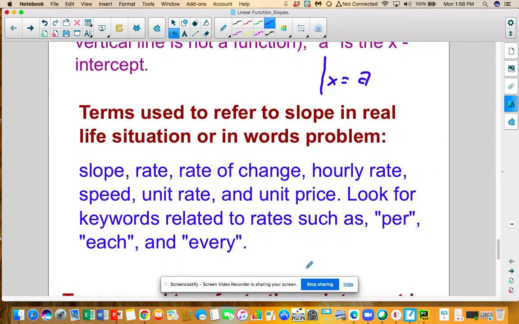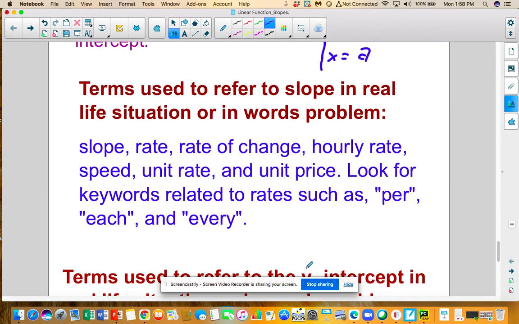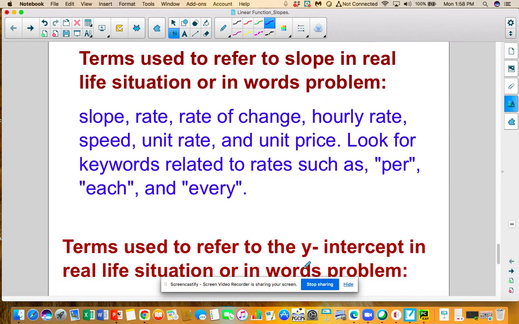Now, terms used to refer to slope in real life. This is important because it will help you solve word problems. The words slope, rate, rate of change, hourly rate, speed, unit rate, unit price.